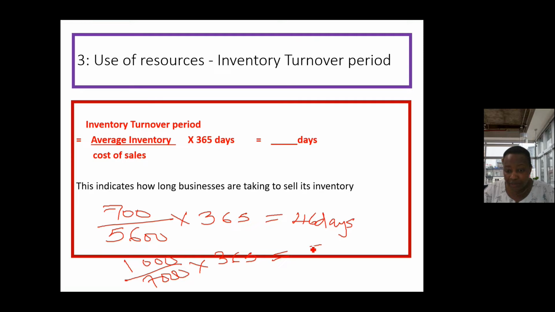In 2010, it takes 52 days to turn around our inventory. So it's taking a longer number of days to do that.